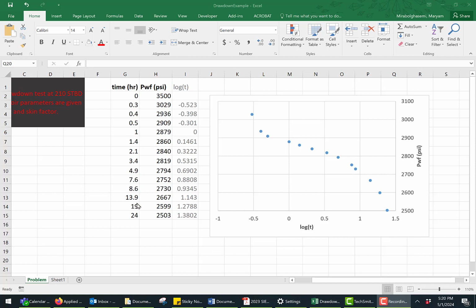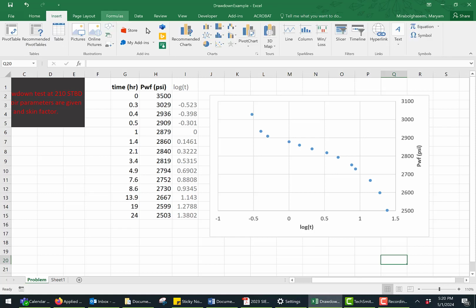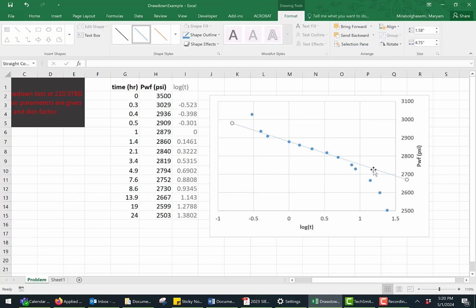So I'm going to manually draw a straight line to identify those data points that fall on that straight line. So here we go to insert, and we can draw a line. Try to capture as many points as possible. And obviously, I can see that maybe the first 2 points, I should exclude those.